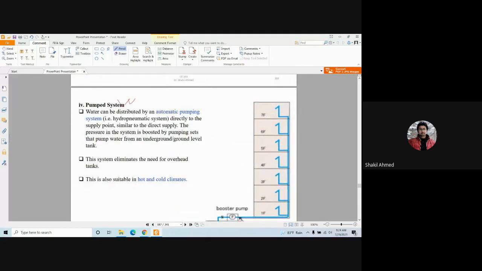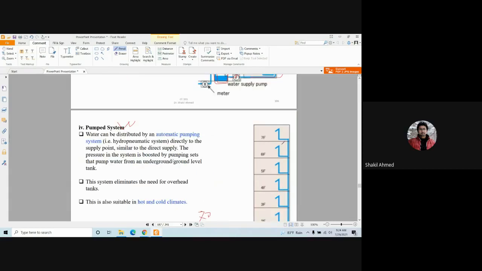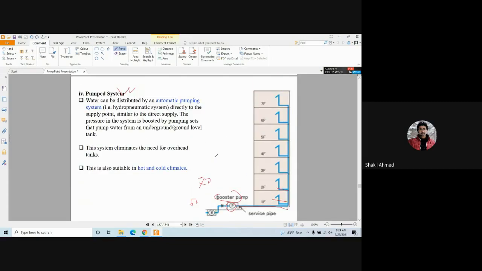Pumped system. As I told you, you do not have enough pressure here, you need 70, but they have 50. In that case, you can use a booster pump to pump the water directly to every house. You do not need an overhead water tank. You do not need this. That means here you have 24-hour supply from the Dhaka Wasa.